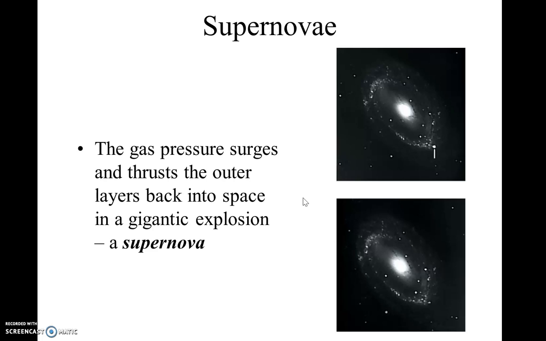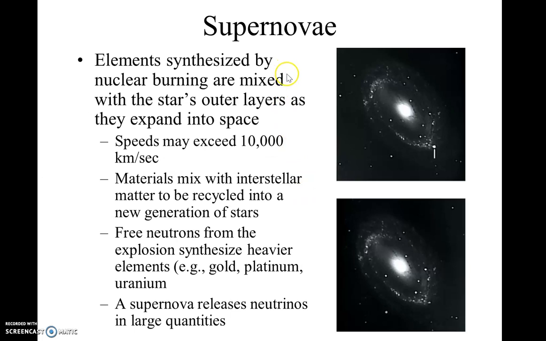And that's actually when all the heavier elements, heavier than iron, are created. It's during the supernova explosion. And of course, the thing about this is this material is ejected by the supernova explosion back out into space, right?